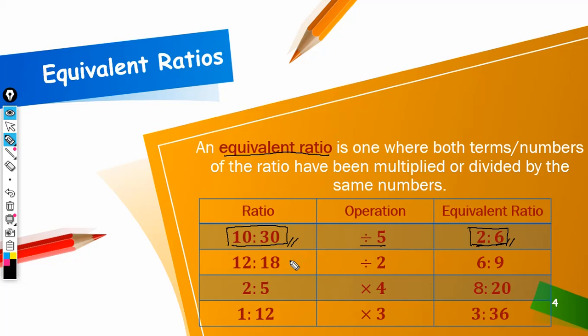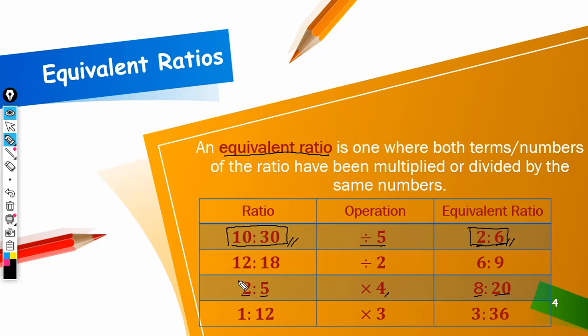Let's see another example, with multiplication. Let's say 2 to 5. If both are multiplied by 4, 2 multiplied by 4 is 8, and 5 multiplied by 4 is 20.